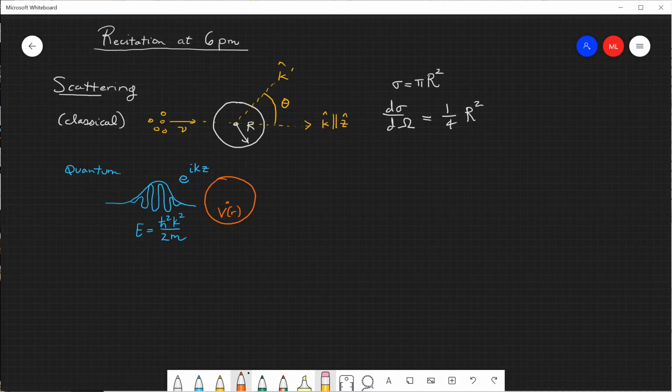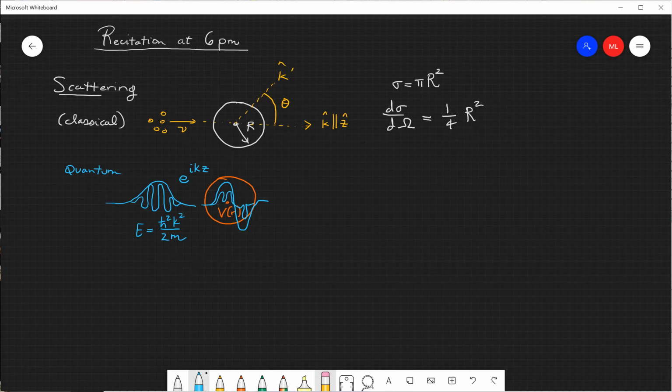And then, of course, we want to see what happens far away, after the thing has scattered. It'll come in here, the wave packet will distort in some fashion due to the potential, and then it'll come out.